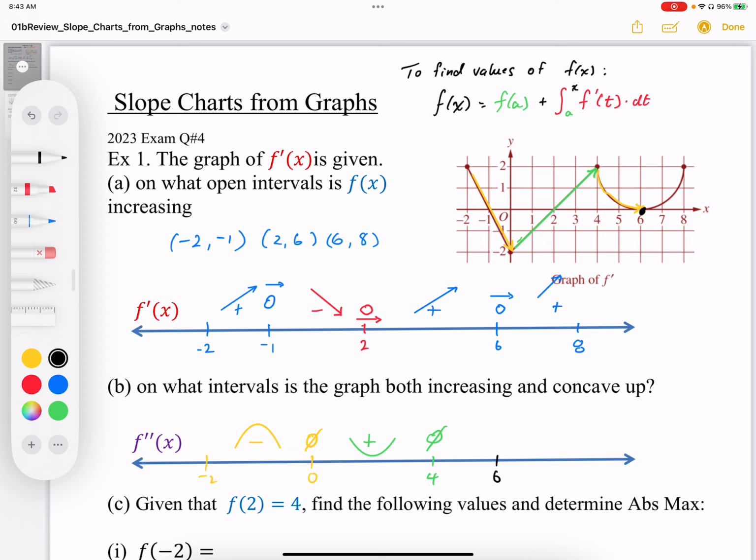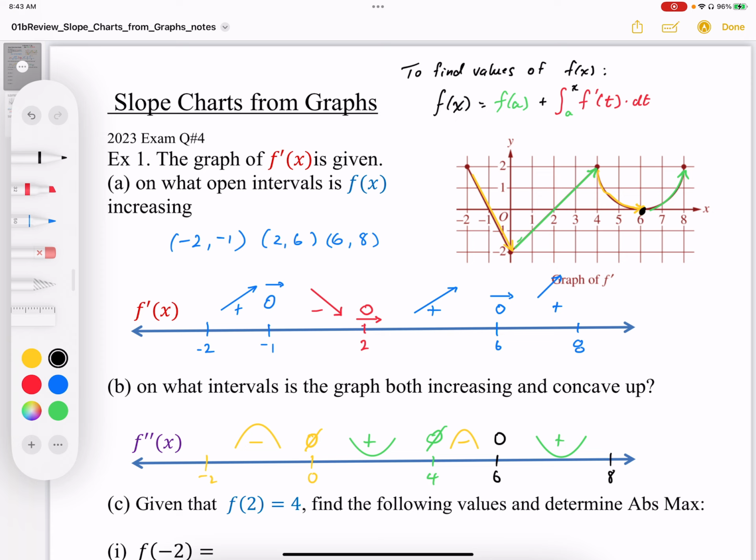So at 6, we know the second derivative is equal to 0, and between 4 and 6, we know it is sloping down, so it's negative concavity. And then from 6 to 8, it's sloping up, so we know that the second derivative is positive. It's positive concavity there all the way to 8.